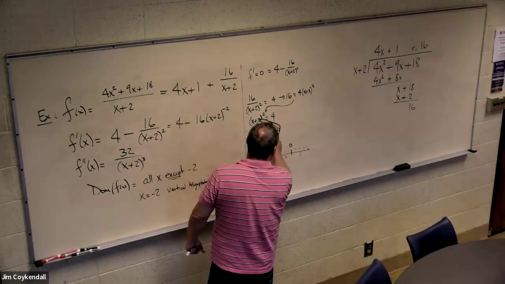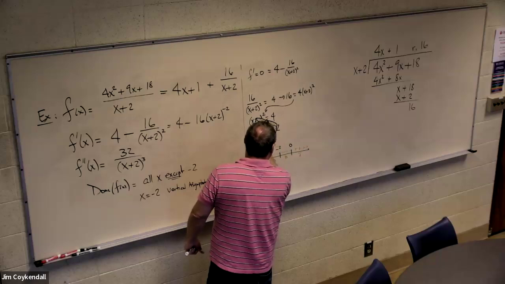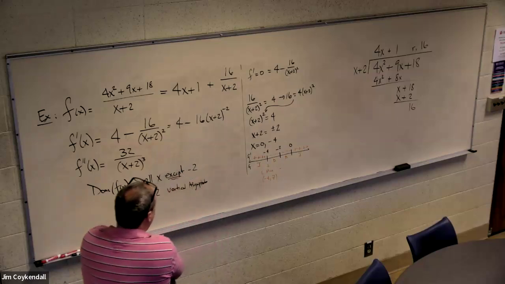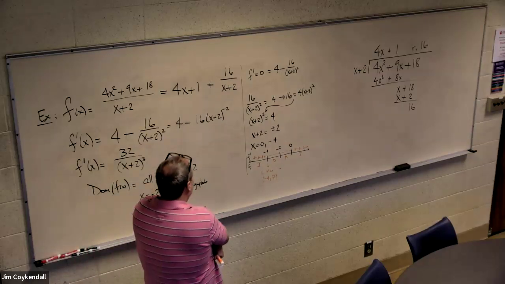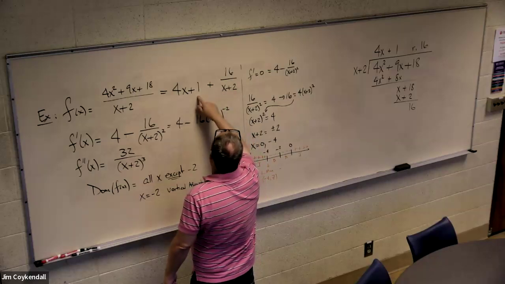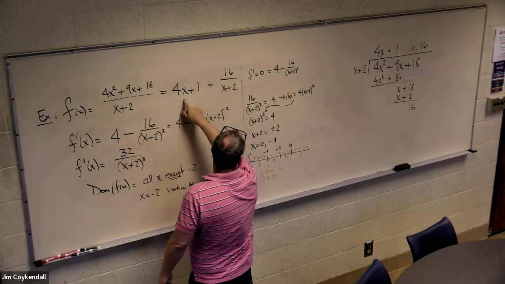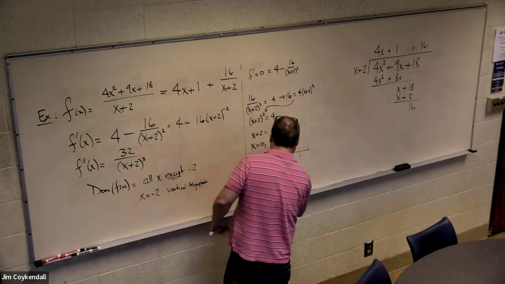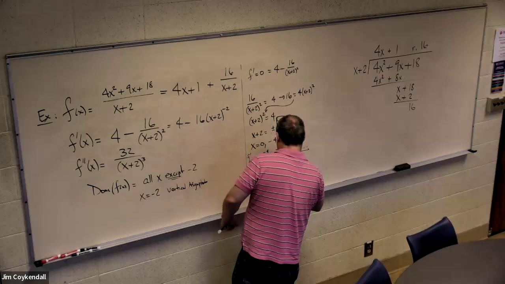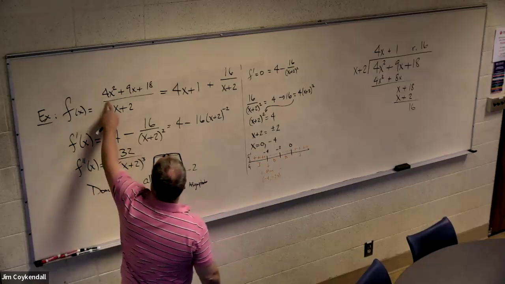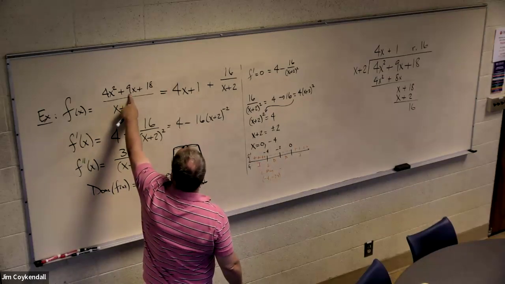So I get x plus 2 is 2, that gives me 0. I get x plus 2 is negative 2. So let's see here. We'll put in negative 4. That gives me a negative 8, negative 7 minus 6 minus 4.